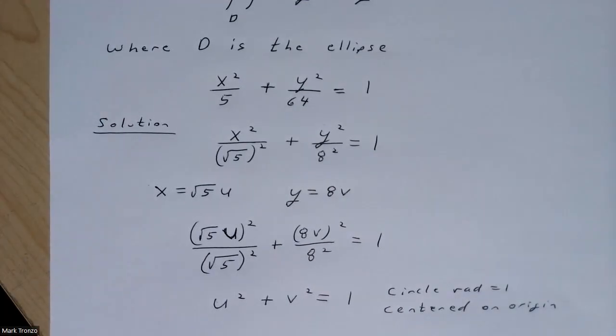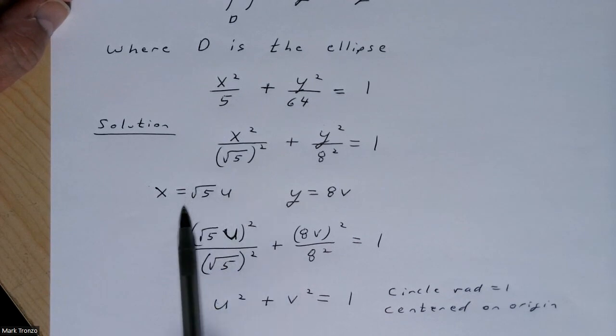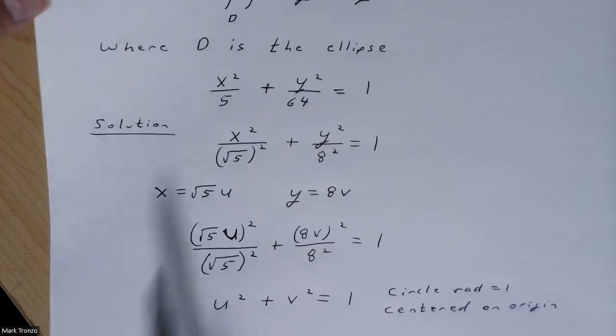So now we have to calculate the Jacobian. Well, actually, I guess we already have this in terms of x. So let's calculate our Jacobian.